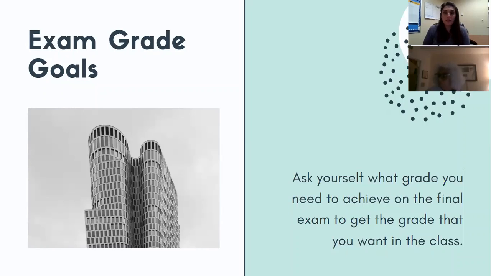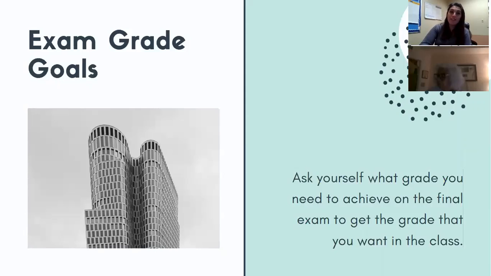If this is a goal that you would like to set for yourself, then you need to ask yourself first, what is the grade that I want in this class? That's going to help you figure out what grades you need to get on the final exam. The Canvas gradebook is actually a really useful tool in this situation because it allows you to add in something called a what if score.